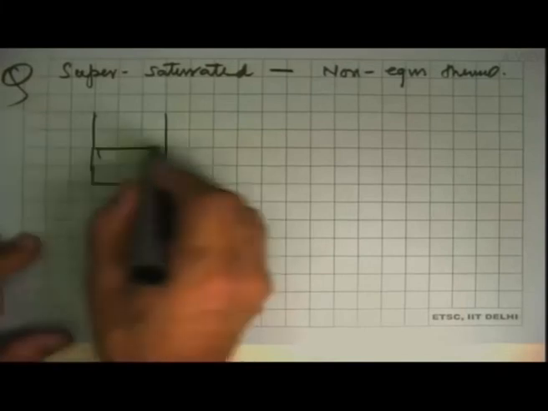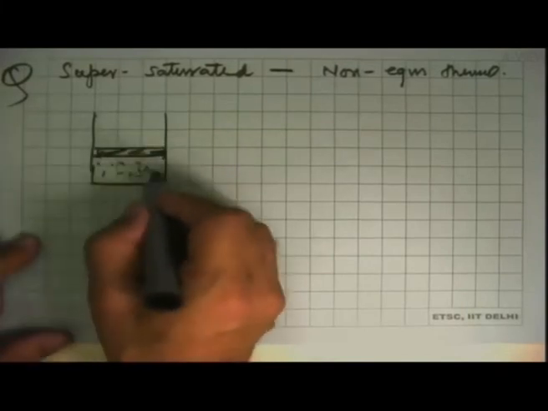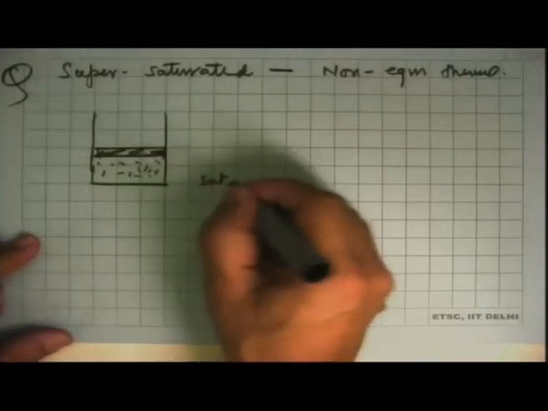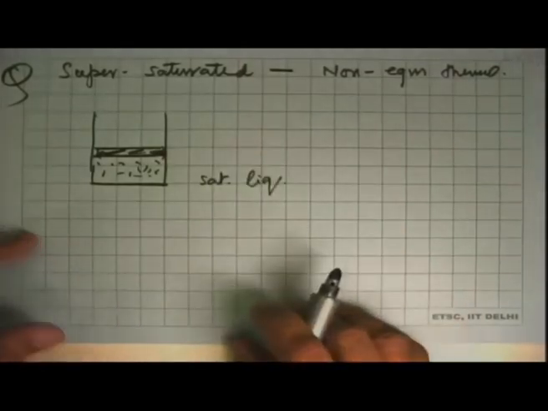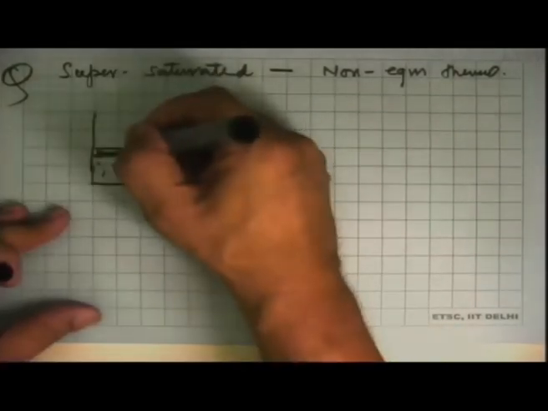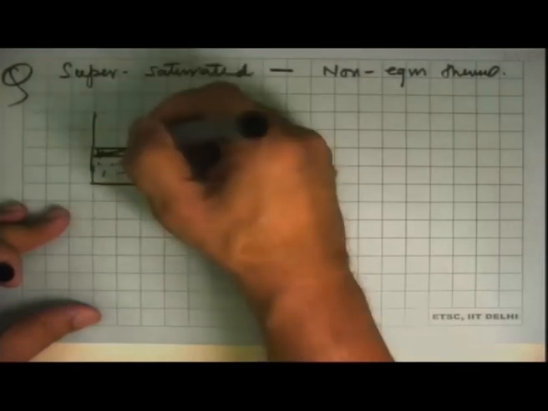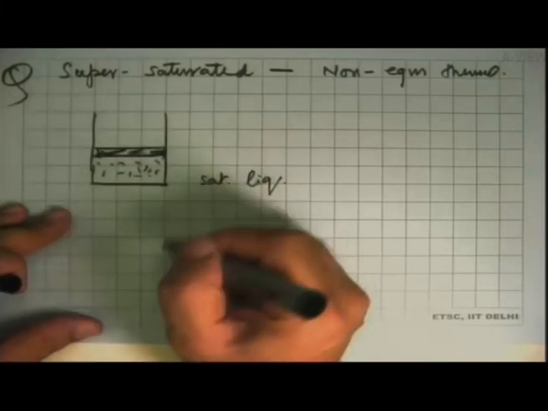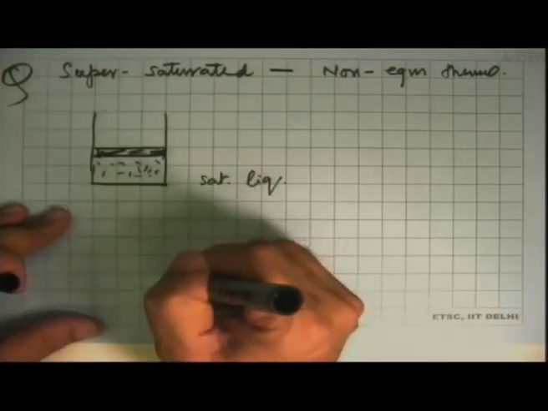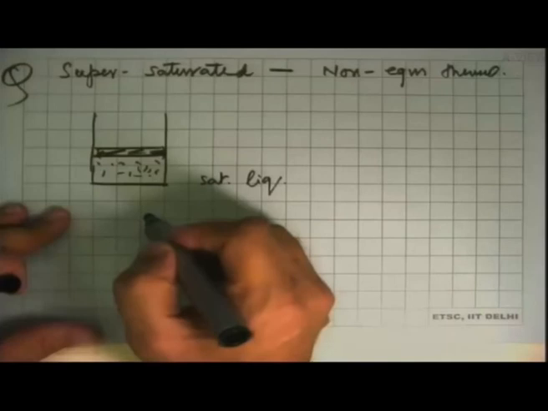What we said is that if we take a cylinder piston arrangement and we have a substance there which is, say, a saturated liquid, throughout this discussion we have said that as soon as we give some energy to this, at constant pressure it moves up, immediately some vapor is formed. In reality, what happens?